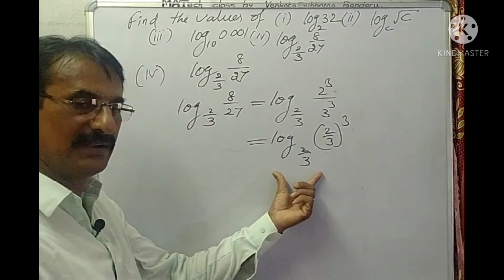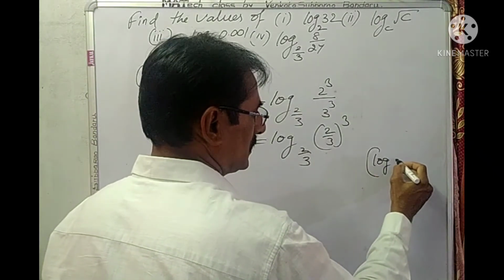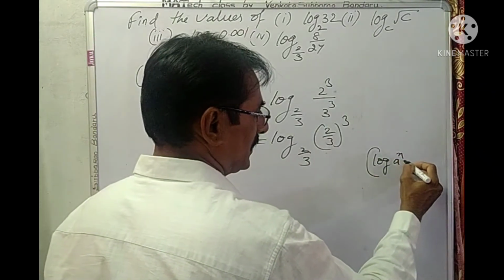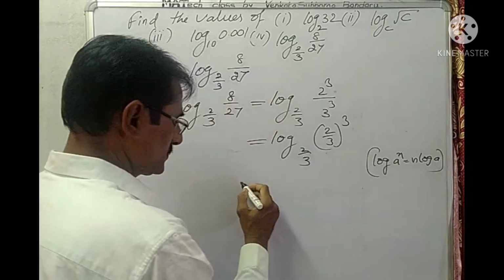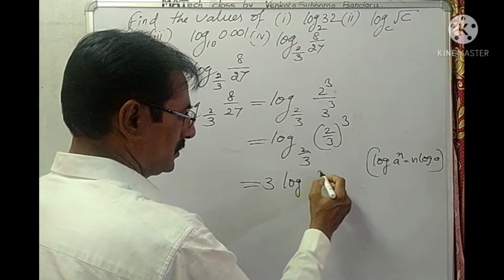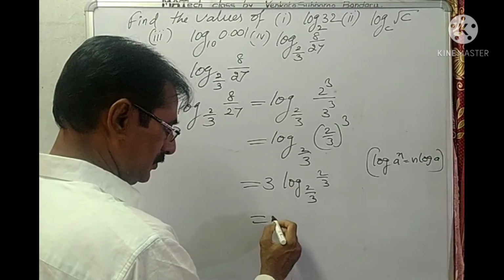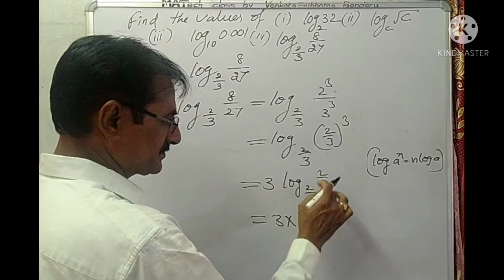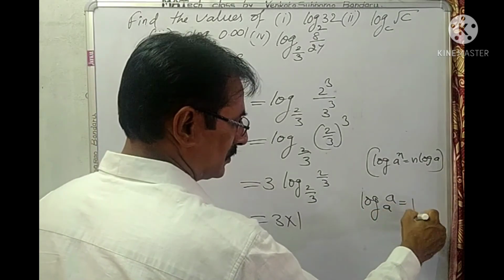Now it is exactly like the third law. Log a to the power of n equal to n log a. So the n value is 3. 3 into log 2 by 3 base 2 by 3 equal to 3 into the value of this one. log a base a equal to 1.